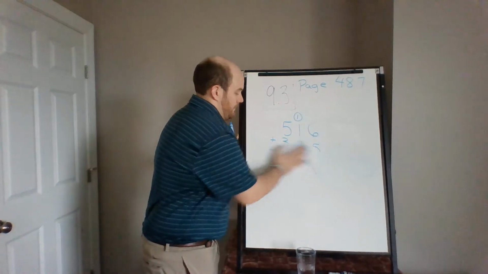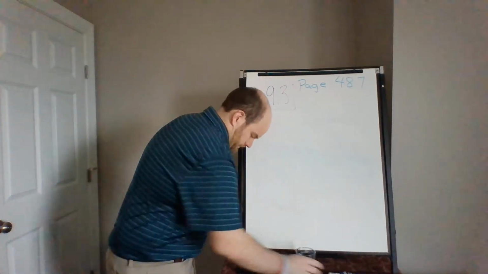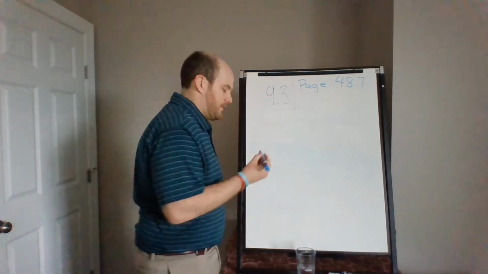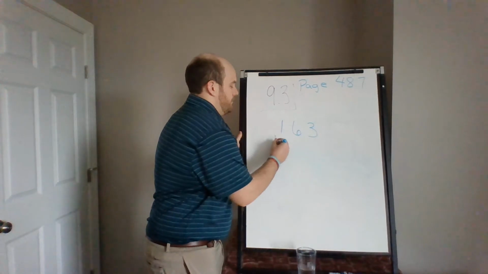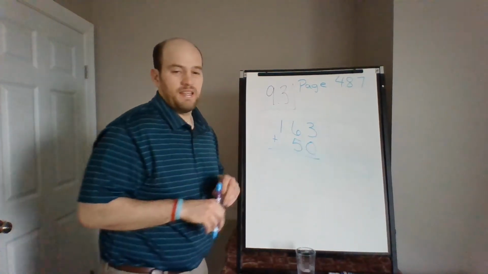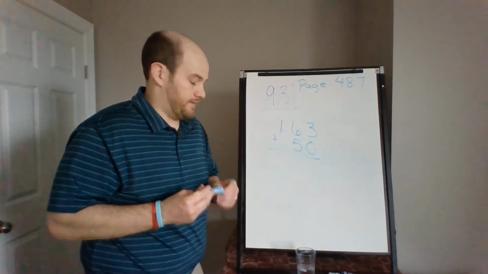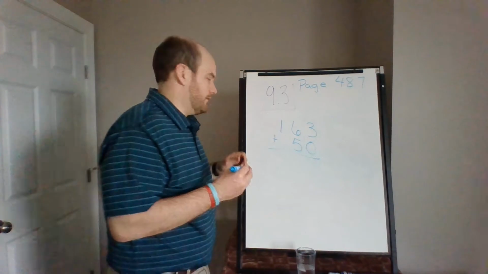All right. Going on to number 4. 163 plus 50. Ooh. Very important that you line these up. If they were to be written side by side, might get a little confusing, but make sure you line them up in the right places, okay?